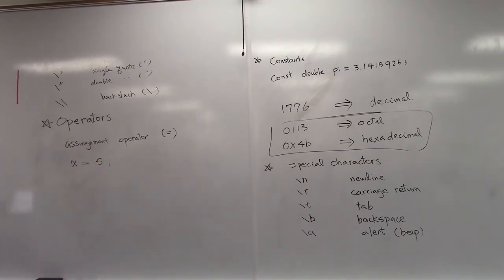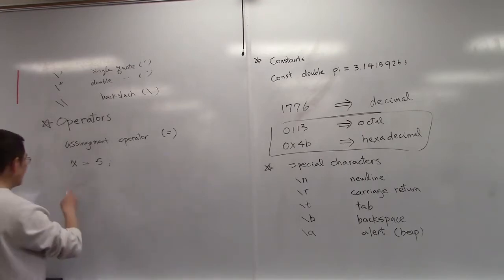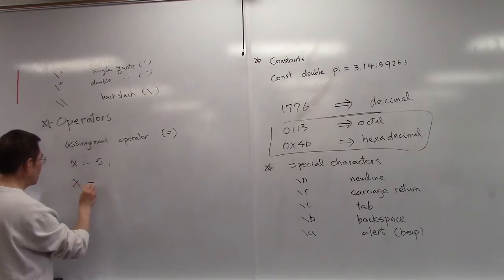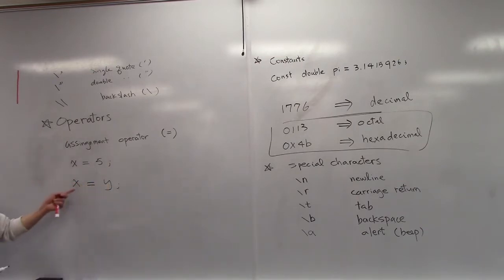And again, last lecture I already mentioned, when you see a statement like this in C++, the correct way to read it is that variable x is assigned the value of 5. Don't say x is equal to 5, because it really does not represent the meaning of x in mathematics. Okay? Then, if you write x equal y, it means assign the value of y to x.